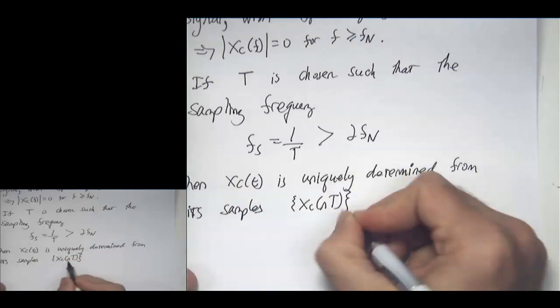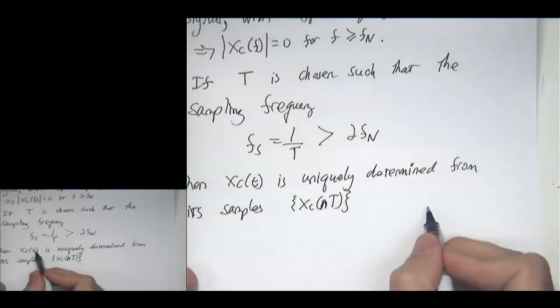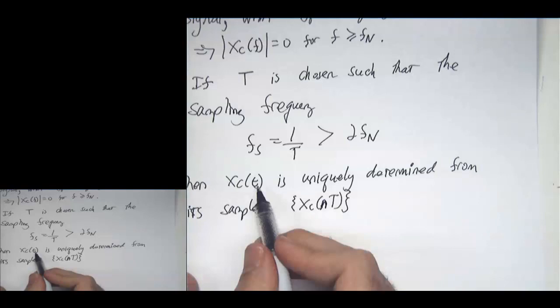So periodically taking one sample from this signal every T tells you everything there is to know about x sub c of t here.